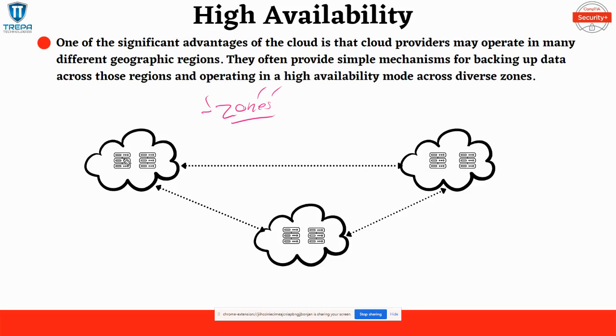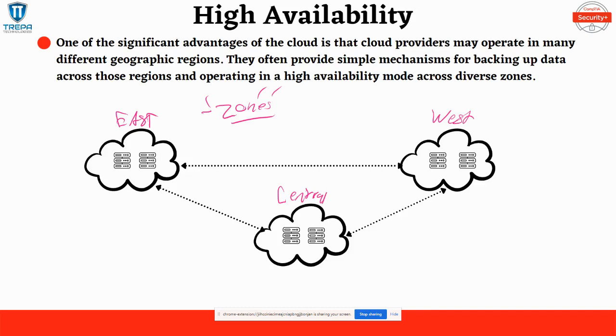So these zones will have these data centers, right? And you can put your storage, your data in all these data centers. Well, maybe one's in Virginia on the East Coast, one's in California on the West Coast, and one's in Iowa in the Central, talking America, right? This also gives you redundancy during a natural disaster, right?